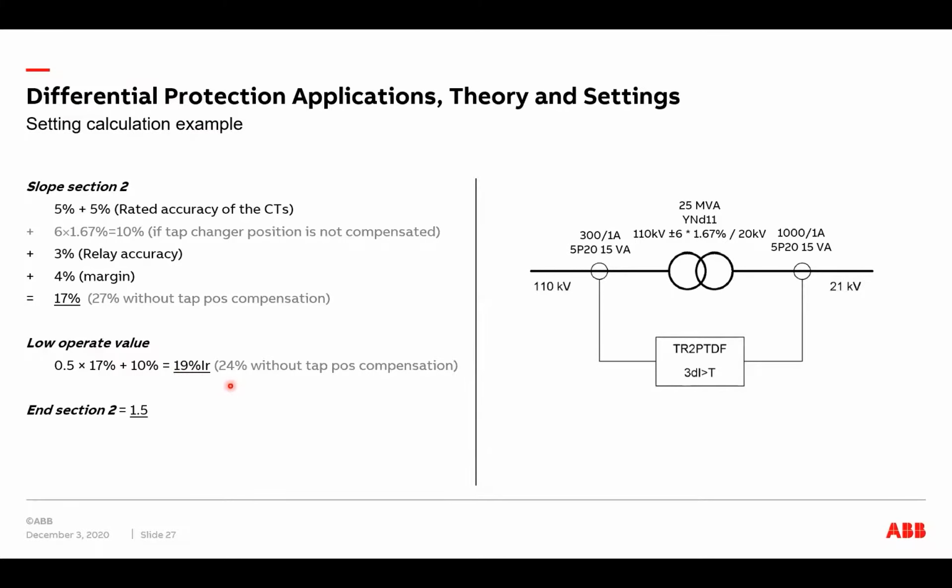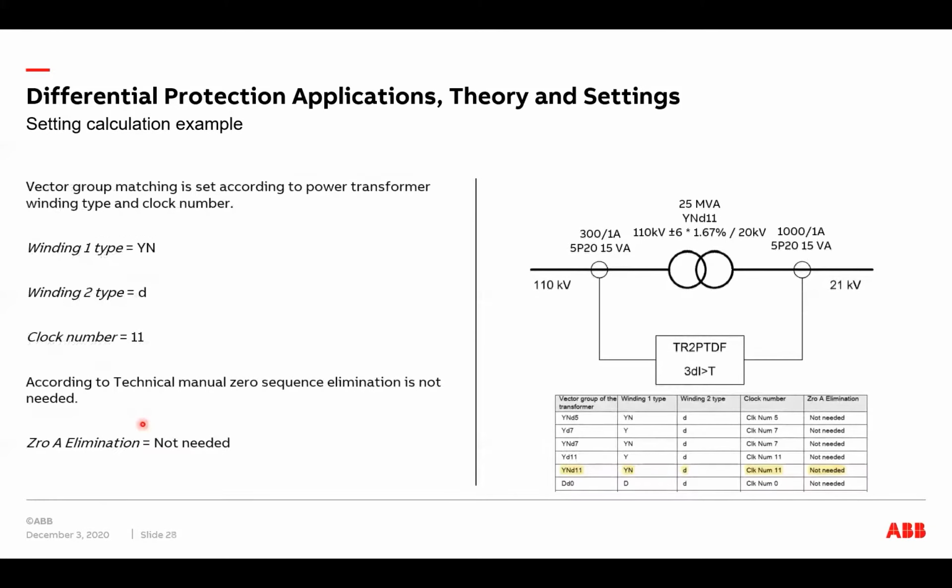So you can see here that if we are not compensating for the tap changer position, then we will have a less sensitive protection. And end section 2 will be the recommendation of 1.5. So then we have the characteristic calculated.